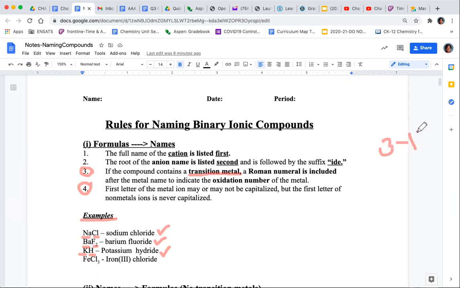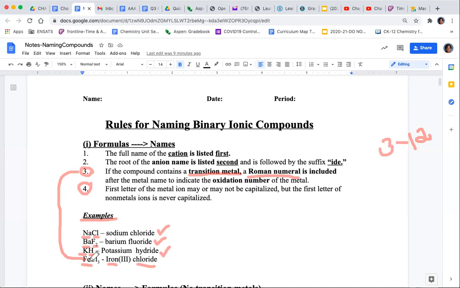If you have transition metals, then you'll have a Roman numeral to know the charge of the transition metal. Come to the last example: iron chloride.